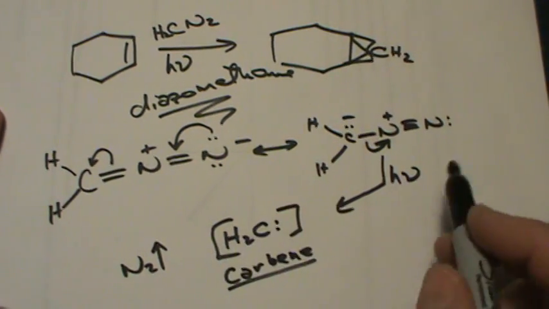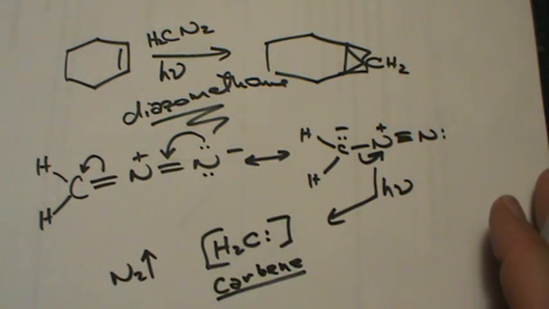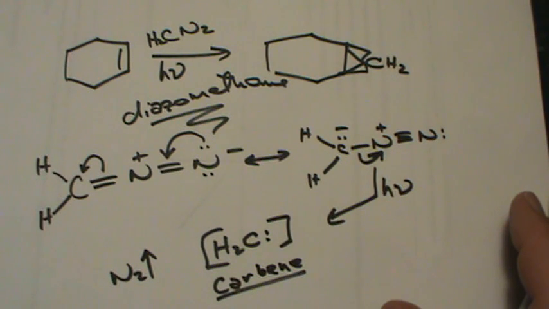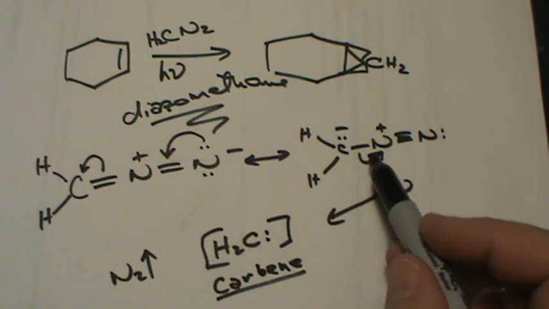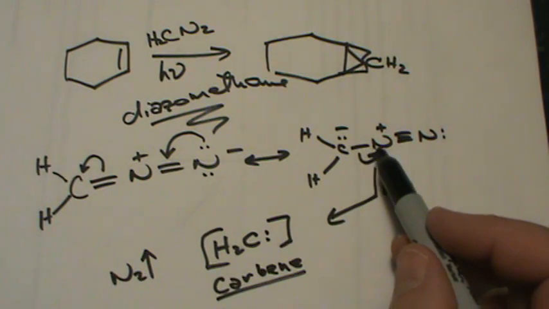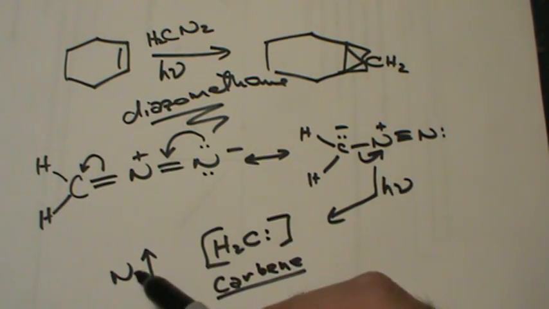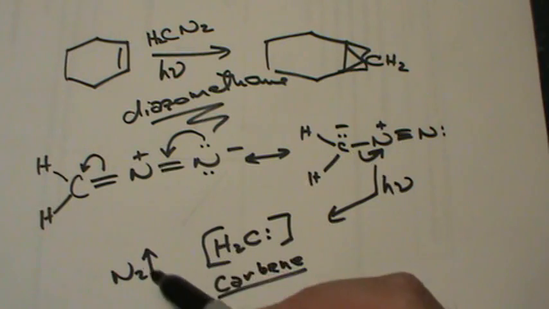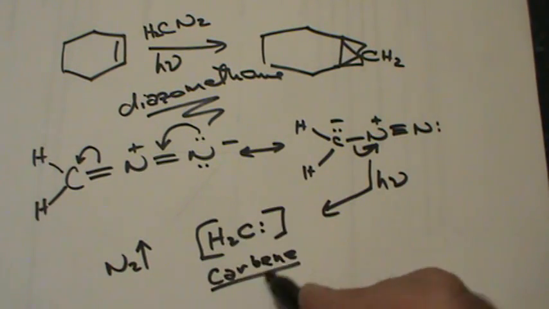So when we take this diazo compound and we either heat it up or shine light on it, shining light would be the preferred method, we can extrude nitrogen gas, and nitrogen gas will just simply evolve out of solution, leaving behind this highly reactive carbene.